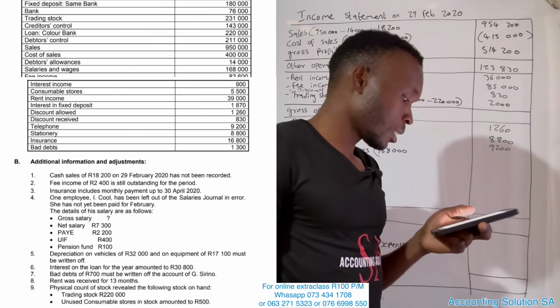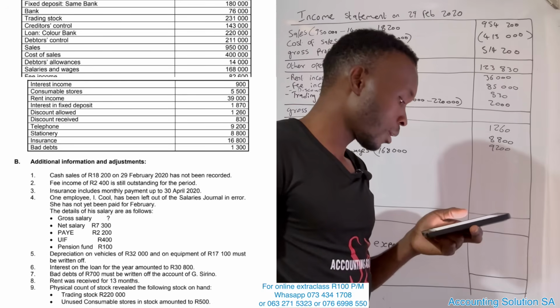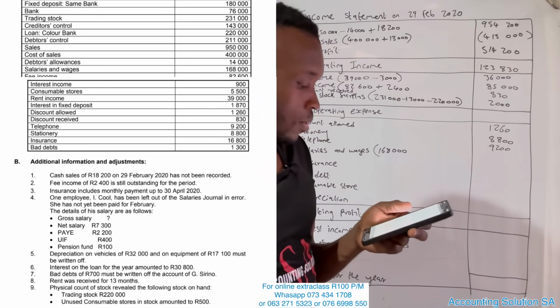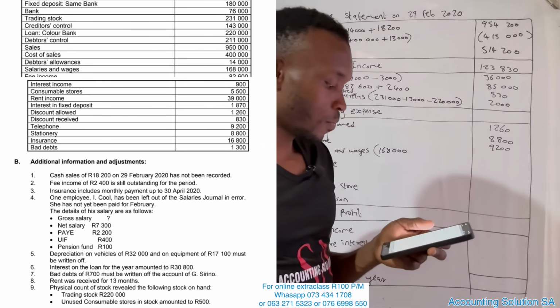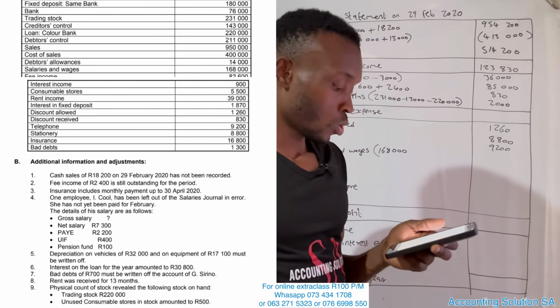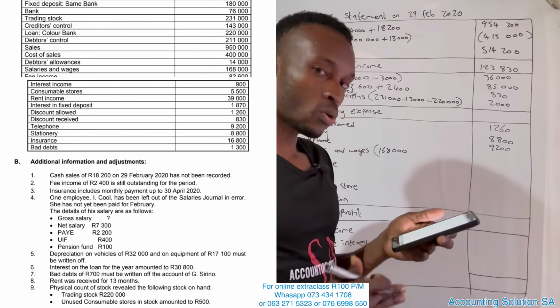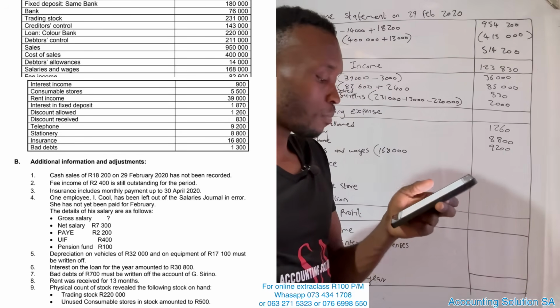Okay, they give us the detail: gross salary, net salary, pay as you earn, UIF, and the pension fund. Guys, in order for you to calculate a gross, you add everything: net salary plus all deductions, pay as you earn, UIF, and pension fund.